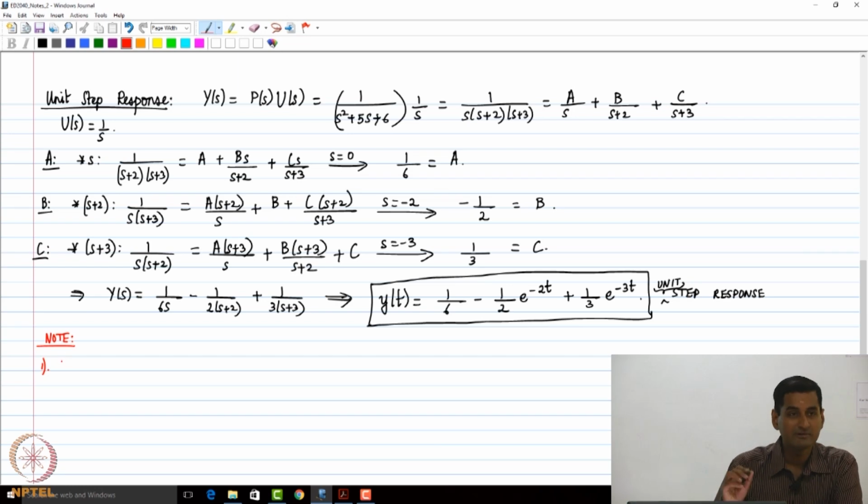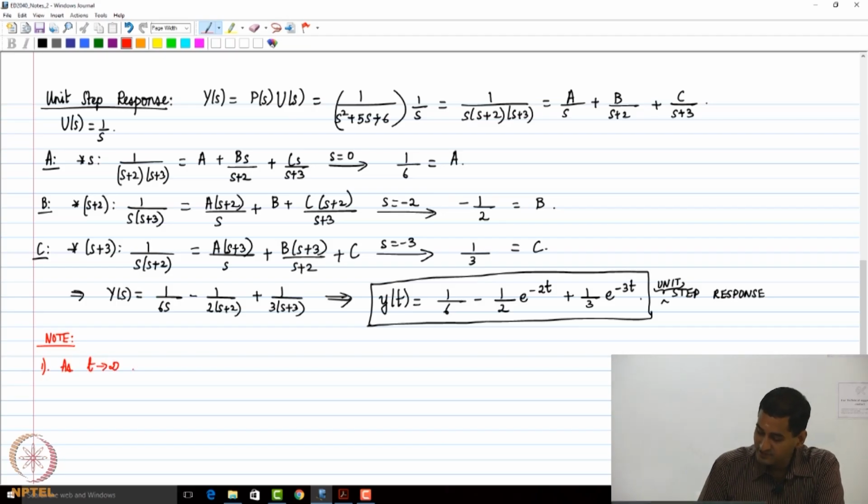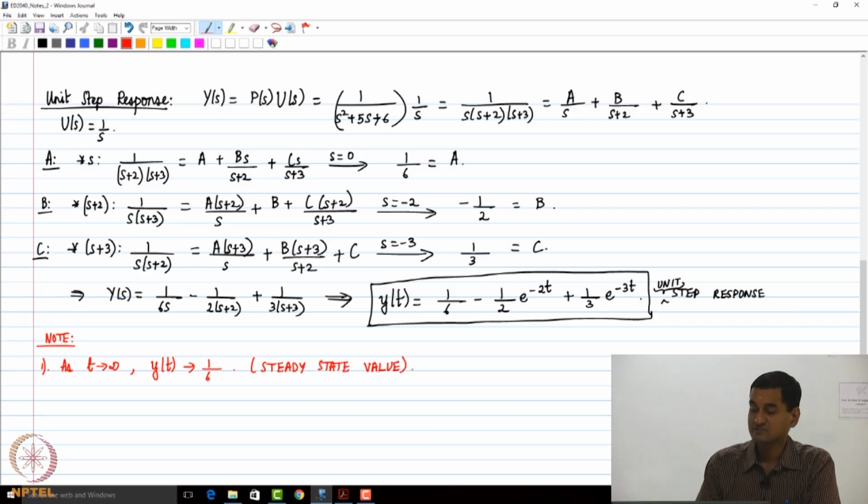Let me write down whatever you are summarizing. As t tends to infinity, y of t tends to 1 by 6, right? That's what you want to convey, right? So this is what is called the steady state value. So the value of y of t tends to 1 by 6 as t tends to infinity. Okay, good. Any other observation?